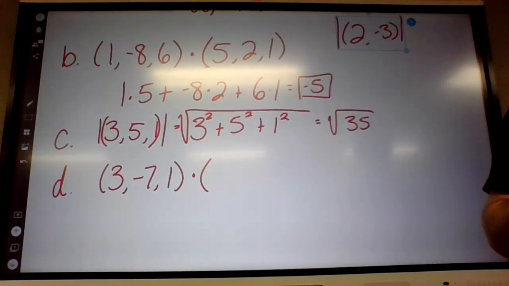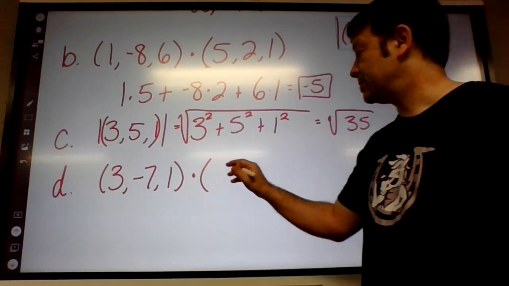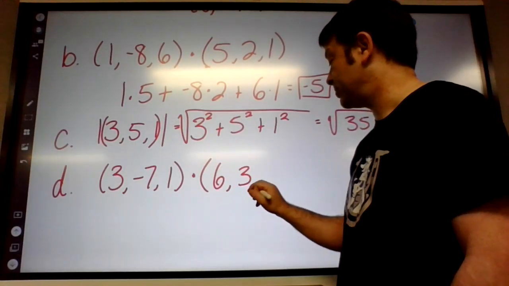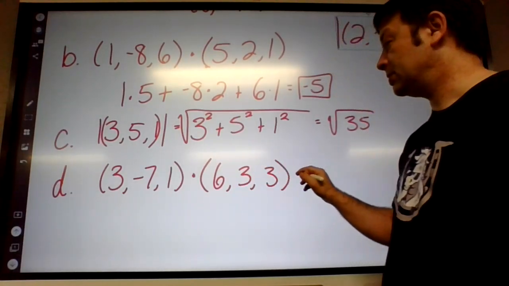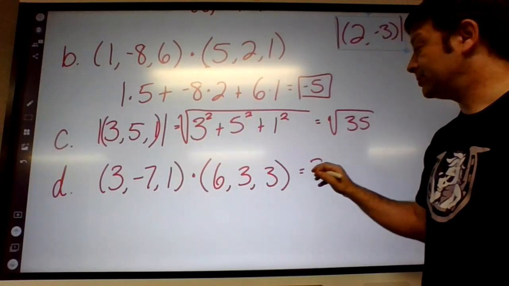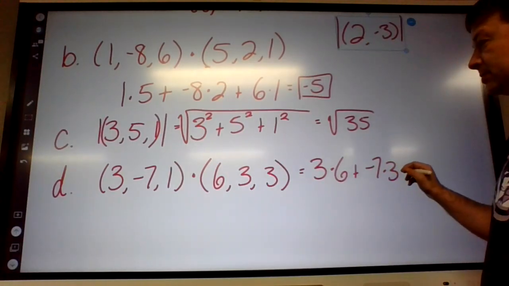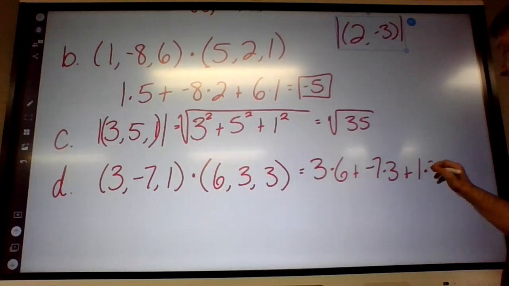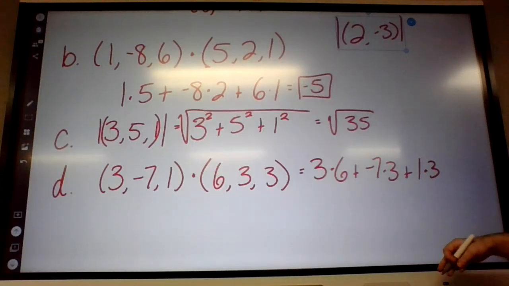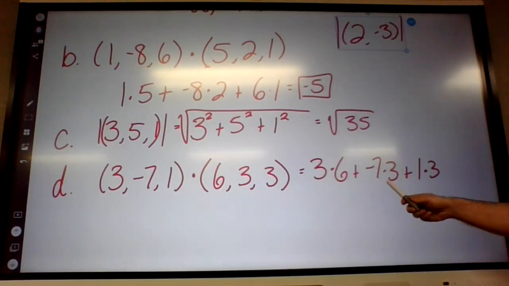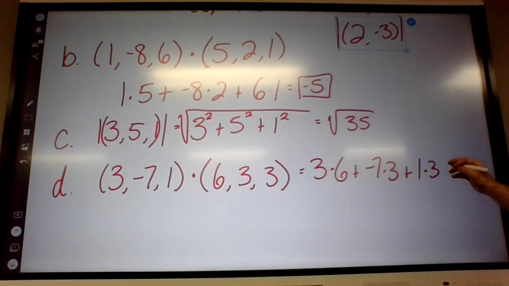Otherwise, it's a no. So basically, we just have to do the dot product again. 3 times 6 plus negative 7 times 3 plus 1 times 3. 18 minus 21 is negative 3, plus 3 is 0. So we're supposed to put yes, they are perpendicular.